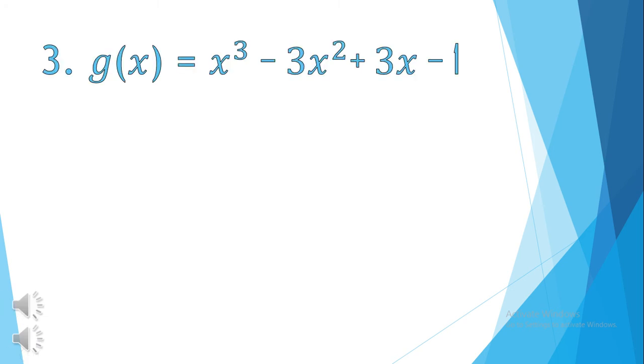Number 3. g of x is equal to x cubed minus 3x squared plus 3x minus 1. As we did earlier, first we must add 1 to the exponent and copy it to the denominator. Do the cancellation to get the final answer.